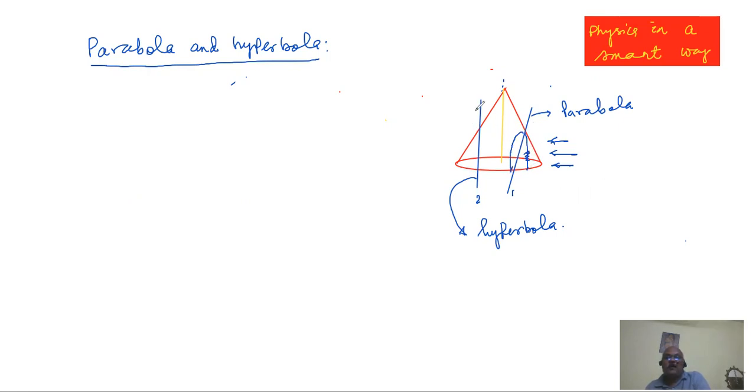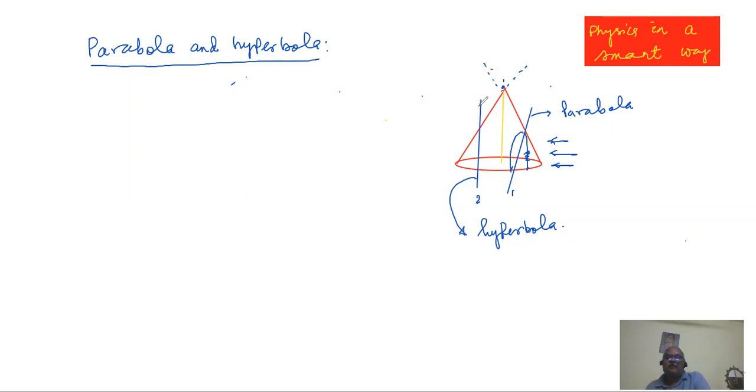Okay, similarly, if your section plane cuts through the base and the section plane is parallel to the axis of the cone, then that is hyperbola. Hyperbola in fact consists of two curves. You have to keep two cones back to back, and here it means the vertices of the two cones must be same, the cones are identical.